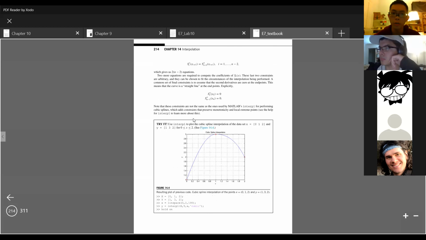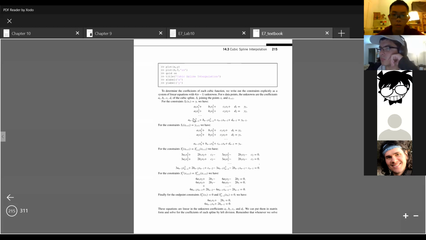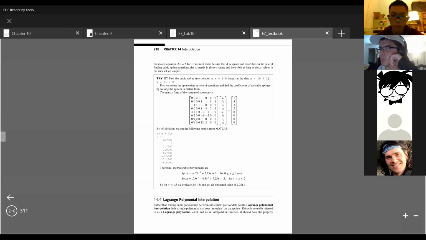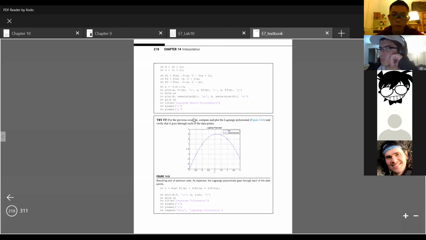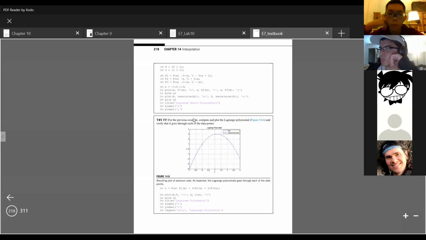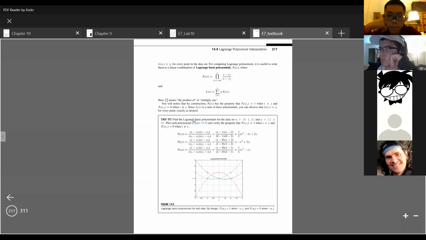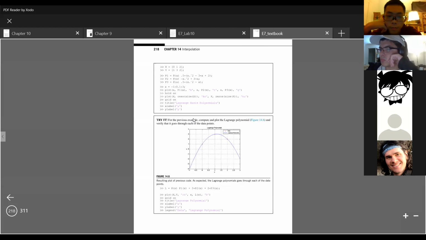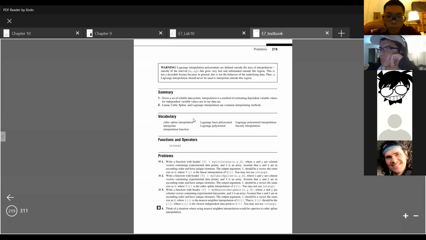Okay, they said 213 to 216 was on this. This is cubic, but no, sorry. Oh, sorry, for 216, here's Lagrange polynomial interpolation. And when did they cover this actually? The basis method. I remember seeing it in the lecture slides. Okay, refer to the lecture then.